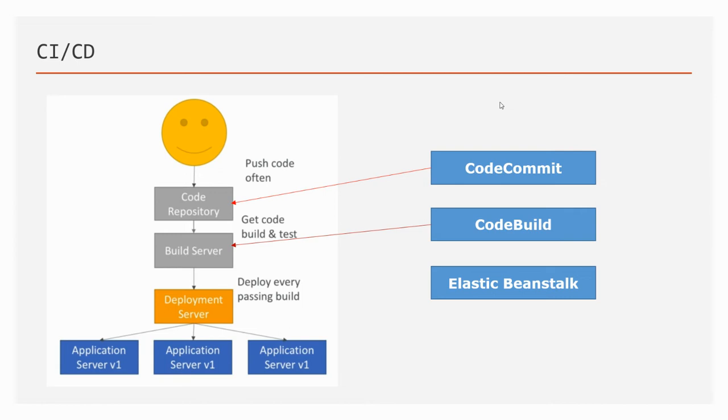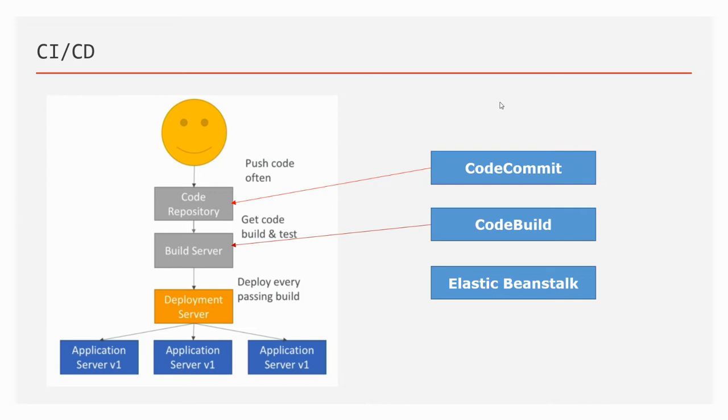But here we are going to talk about a new service called Elastic Beanstalk. What Elastic Beanstalk does is take this trouble out of our hands. We don't need to provision any instances; they will be provisioned by Beanstalk.